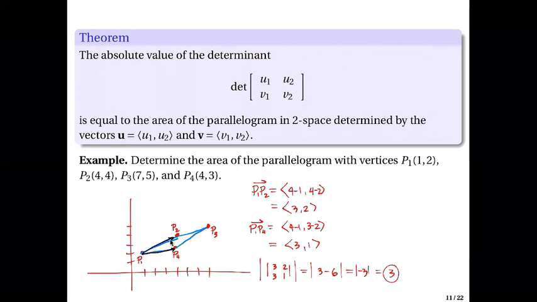If you use, however, P1P2 and P1P3, you will generate a different parallelogram, and you will get a different area. So you have to make sure that you use the proper arrangement, or the proper sides, or the proper vectors of the parallelogram. Okay? Question?